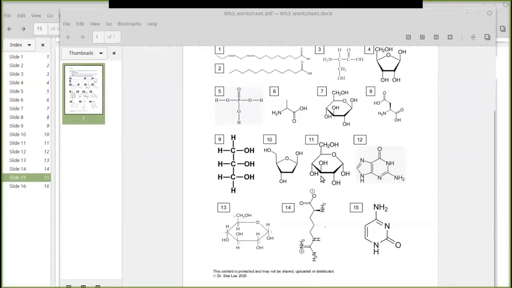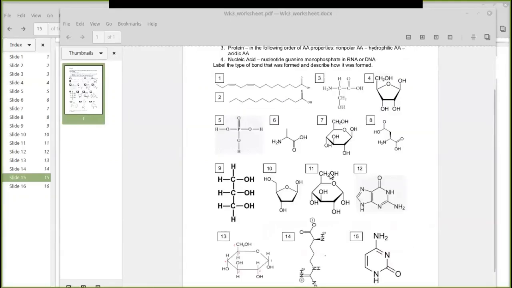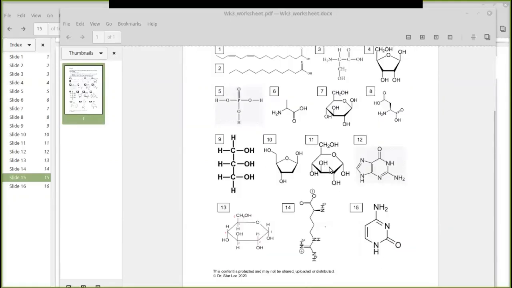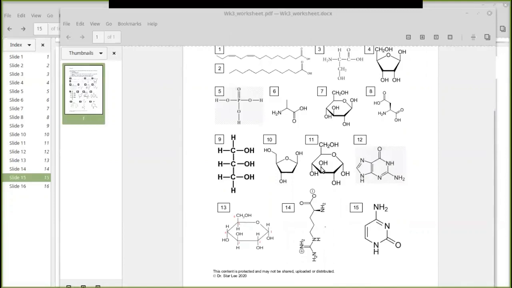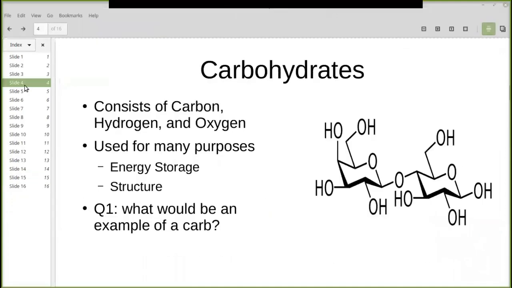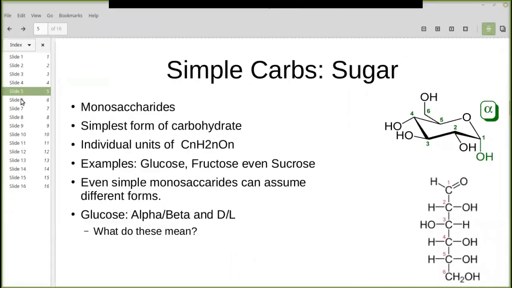I don't know, because there's a lot of them that have carbon, hydrogen, and oxygen in them. Yes, that's true. But starch is a complex carbohydrate, correct? Yeah.